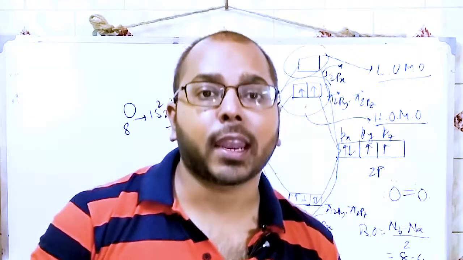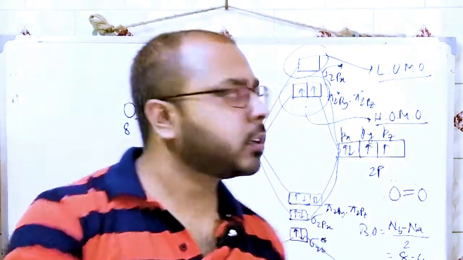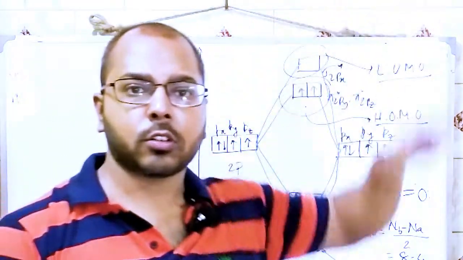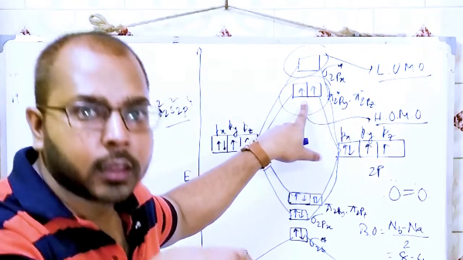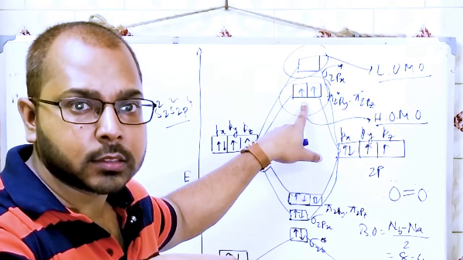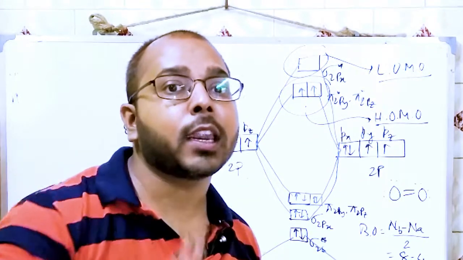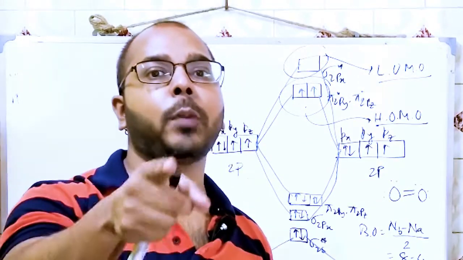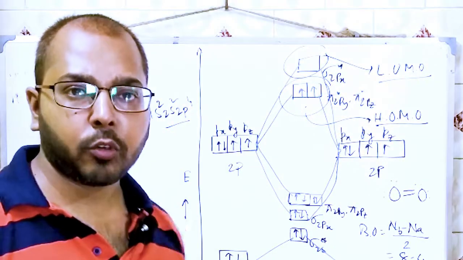That will be paramagnetic. Okay, if O2 plus, then one electron is to be removed. If O2 minus, then one electron should be gained. Got my point? So will O2 plus be paramagnetic or diamagnetic? O2 plus will also be paramagnetic because this electron is to be removed.